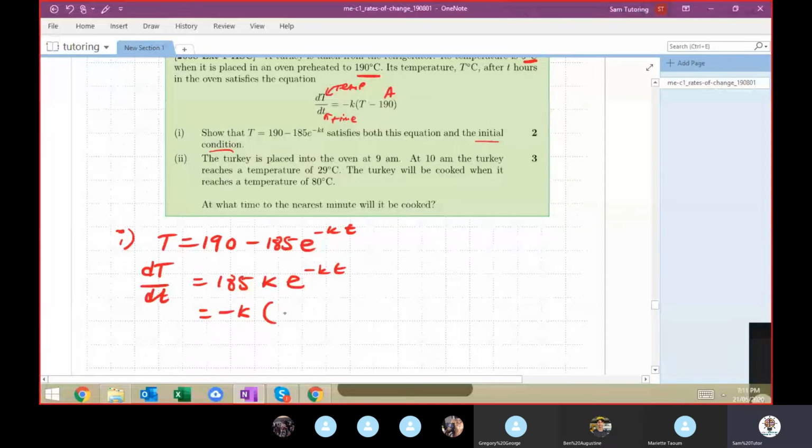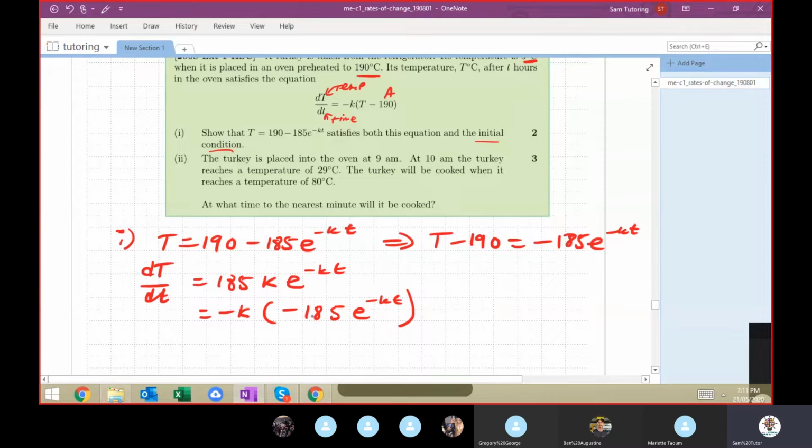Then you're left with negative 185 e^(-kt). And what does negative 185 e^(-kt) equal? Well, it equals T minus 190.